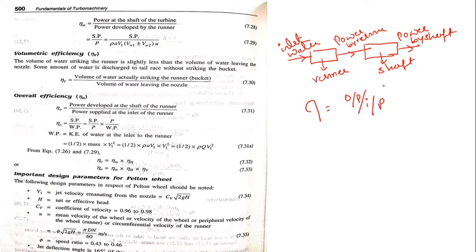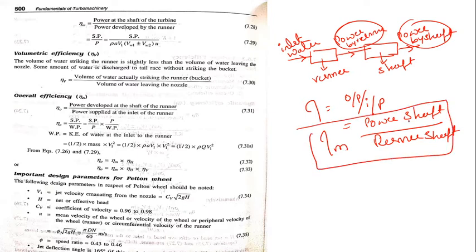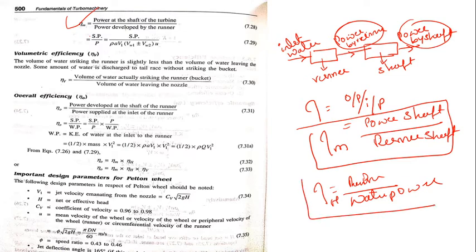If I divide shaft power by runner power, I will get the mechanical efficiency. If I divide power by runner by water power, I will get the hydraulic efficiency.